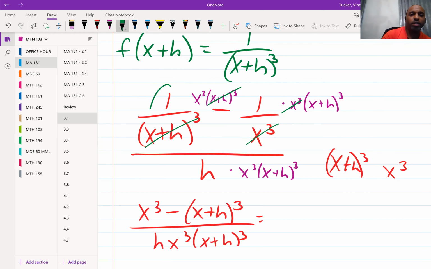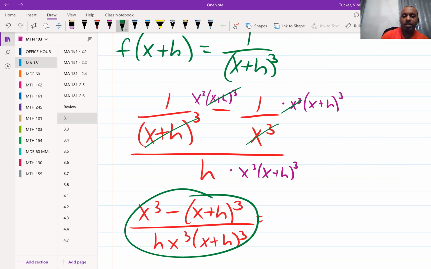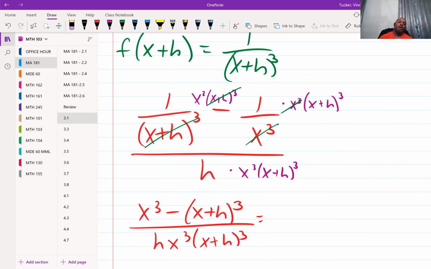So we have 3 numerators here, here, and here. Multiply each one of those by x cubed times x plus h cubed. So that cancels out the fact that we have a fraction. So you see that right here, but it makes our denominator a little messy.